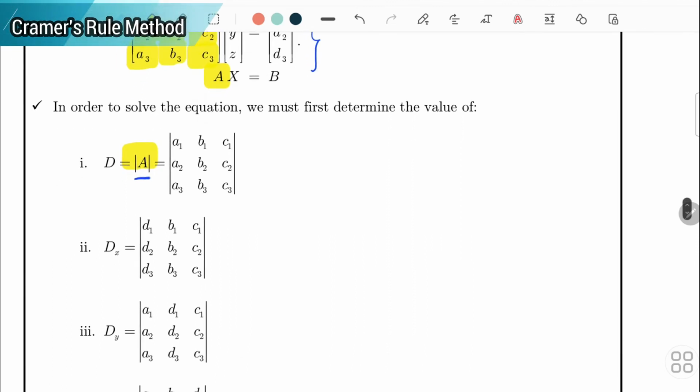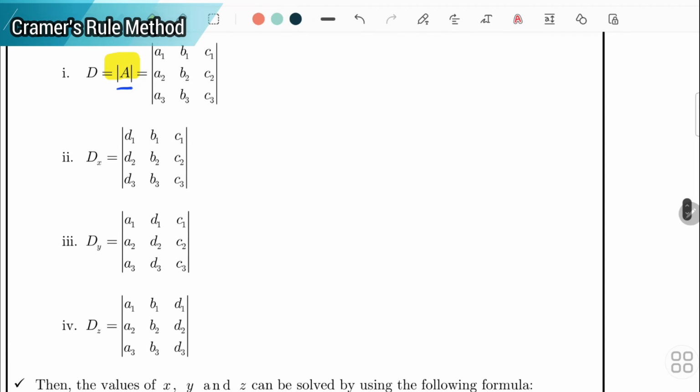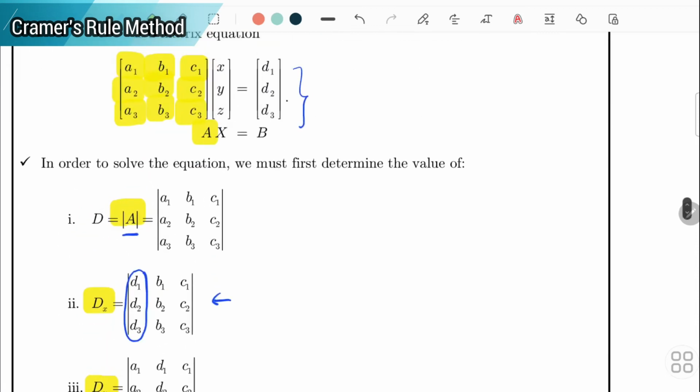And then after we find the determinant of matrix A, we find D sub X, D sub Y, and D sub Z. So what is meant by D sub X? D sub X is the determinant of the matrix where we replace the first column with the constants from the equations, which come from the matrix B. So we replace the first column of matrix A with matrix B, the constants from the equations.